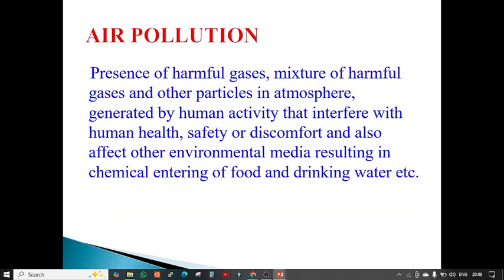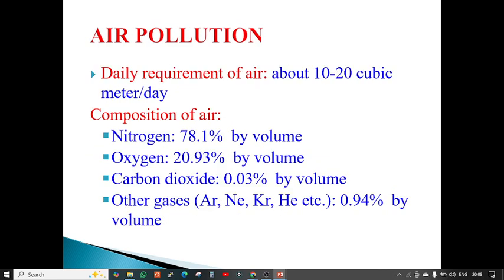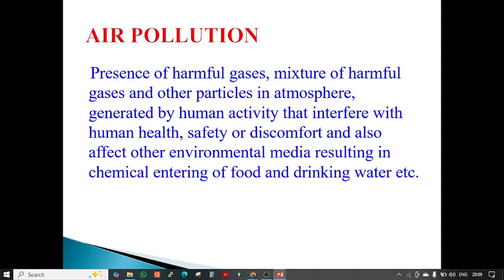The composition of air originally present in nature does not contain any kind of pollutants, but due to anthropogenic activity, this composition changes, and the foreign or unwanted substance present in air is called a pollutant. When a pollutant gas mixes with air, that is called air pollution. It is the presence of a mixture of harmful gases and other particles, not only gases but also many dust particles.